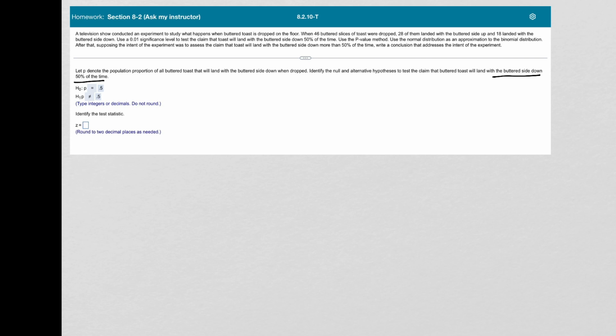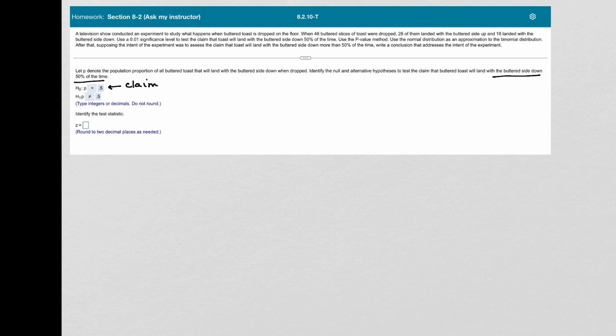So we're saying that's equal to 0.5, and that's our claim. And then the alternative hypothesis is that p is not equal to 0.5 because we don't have any indication here of greater than or less than, so we have to go with not equal to for the alternative.